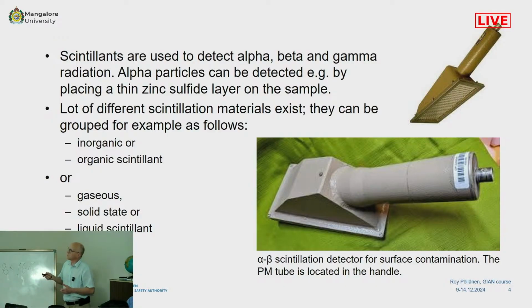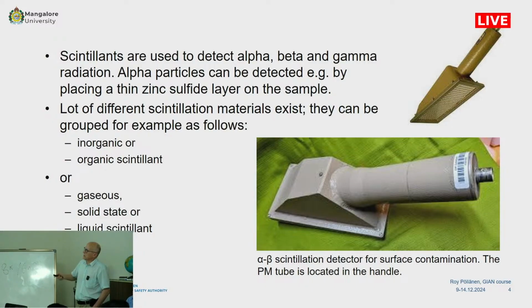So, scintillation materials are used to detect alphas, betas, and gammas. Alpha particles can be detected, for example, by placing a very thin zinc sulfide layer on the sample, which produces light and it can be amplified.